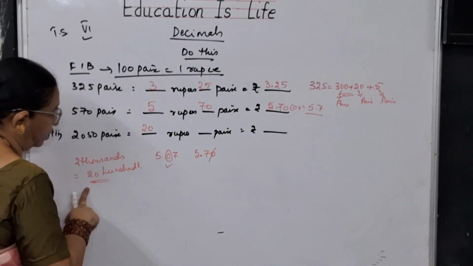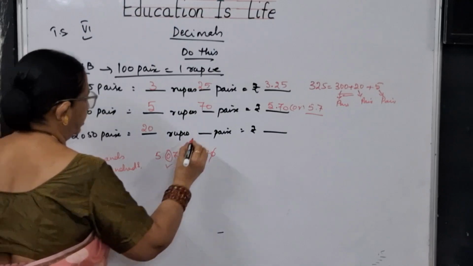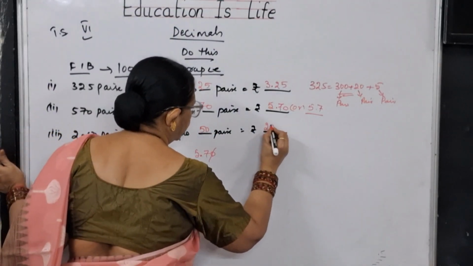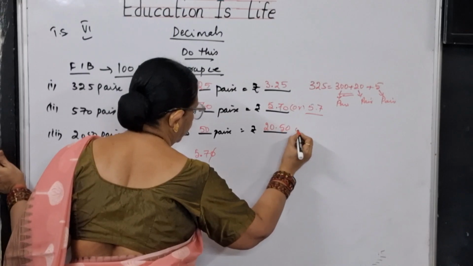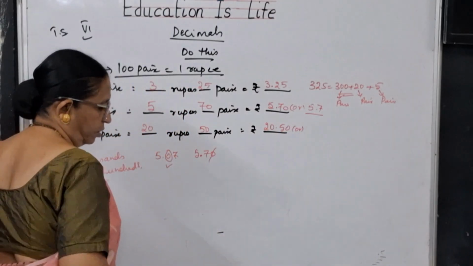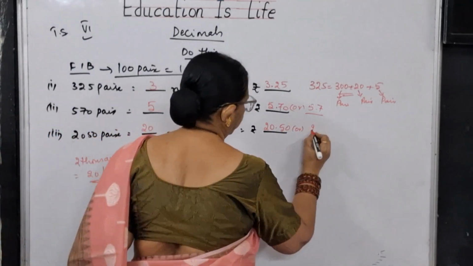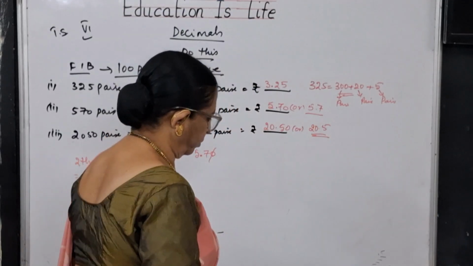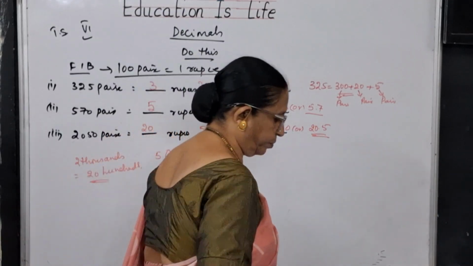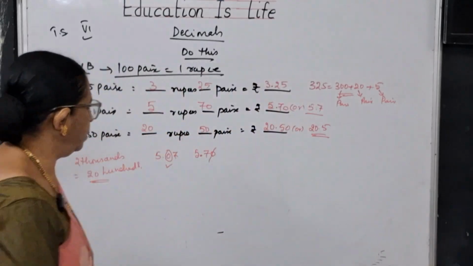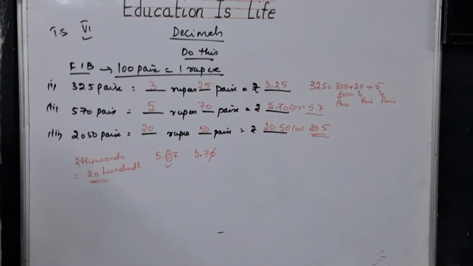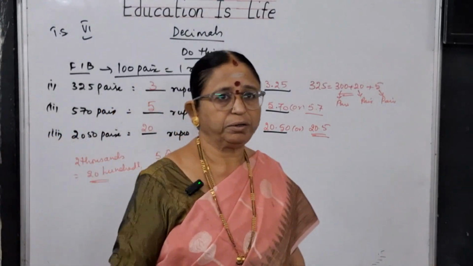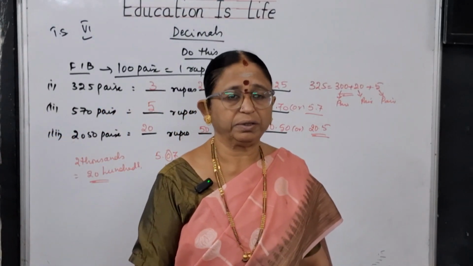How many hundreds are there? 20. So 20 rupees 50 paise. So how will you write it? 20.50 or 20.5? You can write anyway. These two are also correct. So copy this, children. With this, I am concluding my topic. In the next class, I will be doing the exercise.